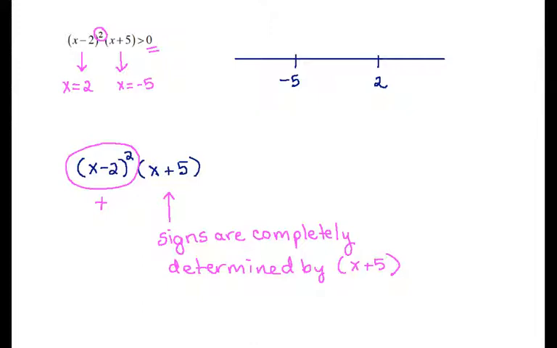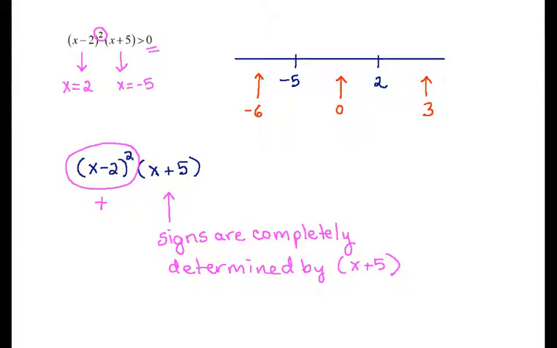I will still pull representative numbers from each interval. So I want something to the left of -5, I'll take -6. I want something between -5 and 2, I'll take 0. And I want something to the right of 2, I'll take 3. Plugging in -6 to x plus 5, I get -1.